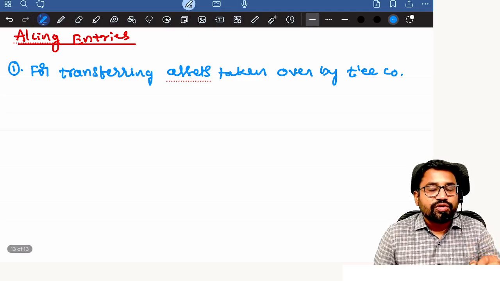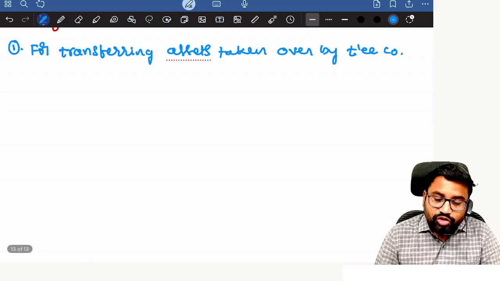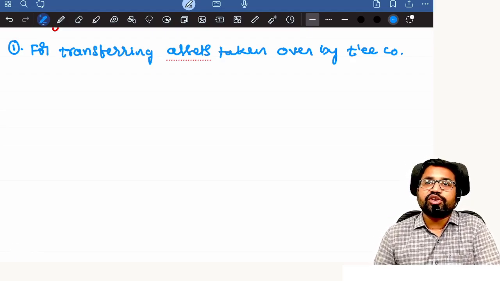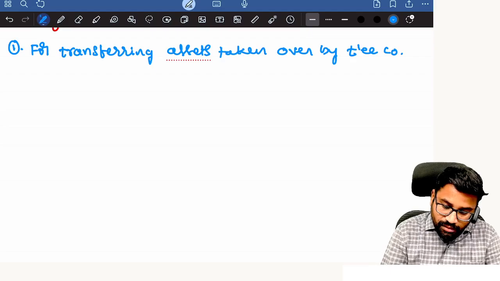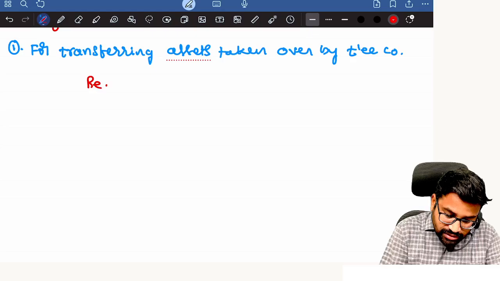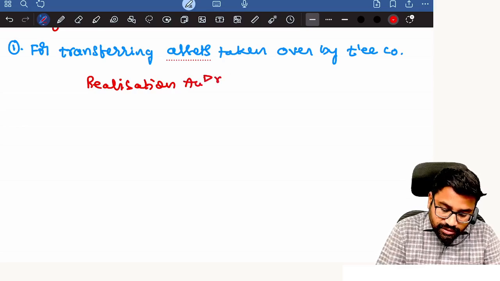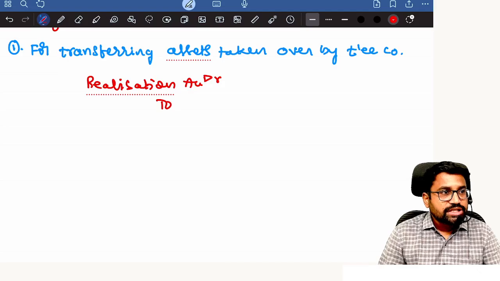Whatever the assets of transferor company, in that assets, any assets taken over by transferee company, first we need to close them. So for this, the entry is, tell me how assets will be closed. When you are closing the assets, they will be credited. Realization account will be debited.